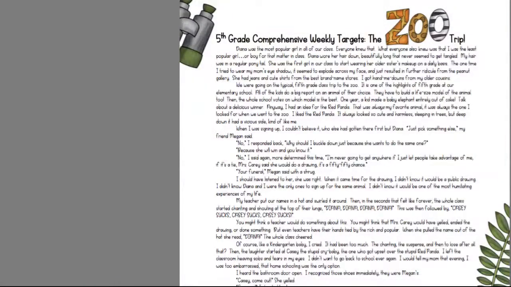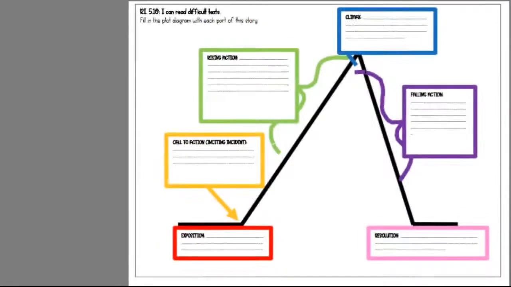Something with the fiction passages that I've really focused on is these plot charts. Now, usually people do not use these plot charts until students get to high school, which makes no sense to me because this is a wonderful graphic organizer for students to understand how stories are laid out. And I find that when students have gone through this looking at other passages, their creative writing becomes even better because it's not just random ideas thrown on a page, which has a time and place, but their creative writing becomes a little bit more organized.